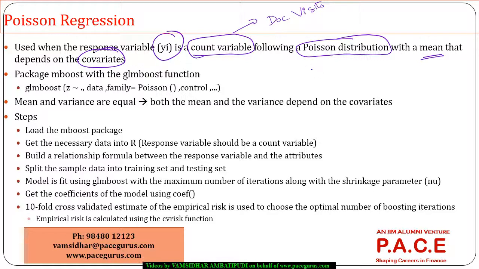We know that in a Poisson distribution, the mean is lambda and the variance is also lambda, which means both the mean and the variance depend on the covariates in the Poisson model. But when you are working in R, you realize we are using the same glmboost function and the same input variables, the only difference being that you change the family to Poisson.